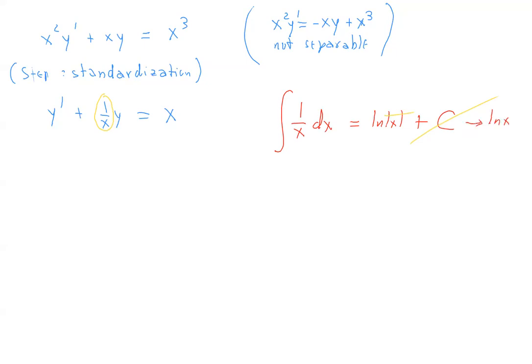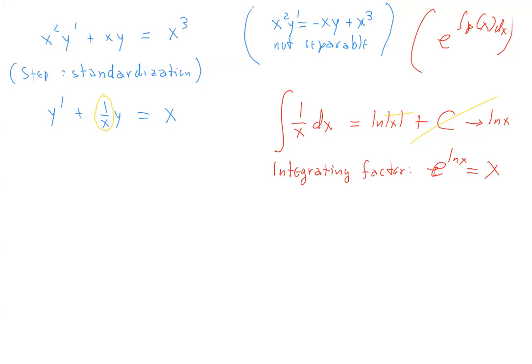And then remember what your integrating factor was. Remember what we wrote before. It was e to the integral of p of x dx, right? So here, my integrating factor is going to be e to the ln of x, which is very simple. This is x.